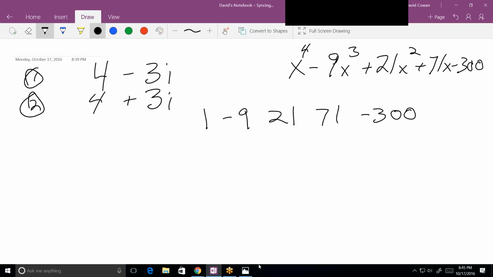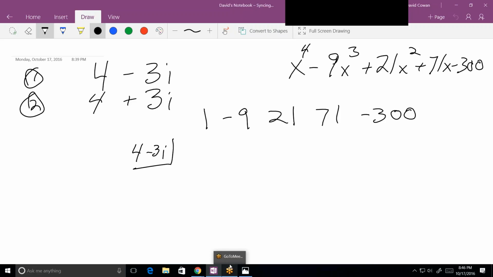It's like a ghost, a placement marker. What I'm going to put in here is 4 minus 3i. The zero. In other words, what always goes in the box is the zero, not the factor.